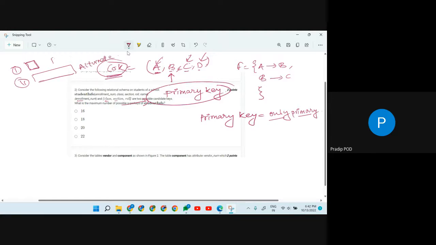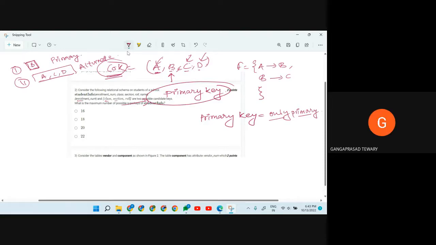And the first is the primary key. So at a time, only one is possible as the primary key. Suppose B is the primary key, then A, C, D are the alternate keys.